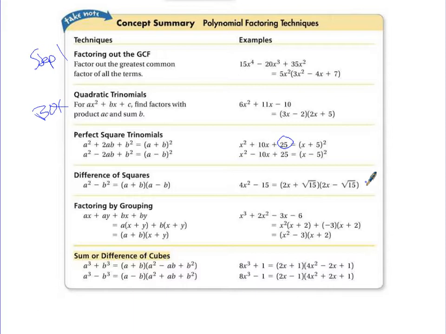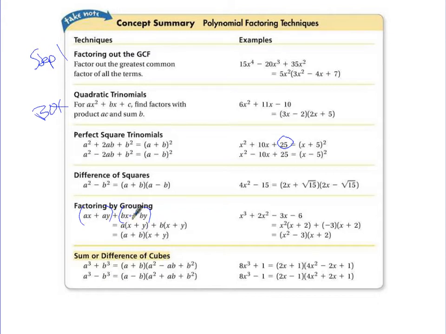Factoring by grouping, something that we did extensively or more extensively in Algebra 1. Factoring by grouping is when you have 4 or more terms. Usually it's 4 terms, and you group. So in this case, we'd group the terms that have A's in them and the terms that have B's in them. Then within the groups, we'd factor out the GCF. So the GCF in this guy would be A, which gives us A out front times the x plus y.